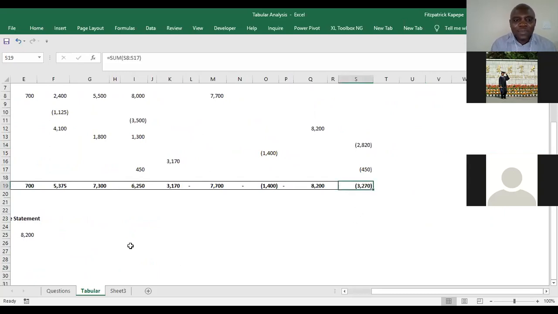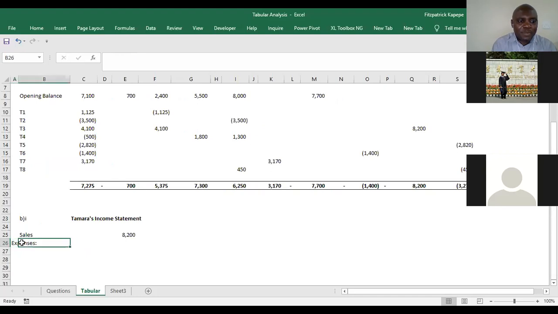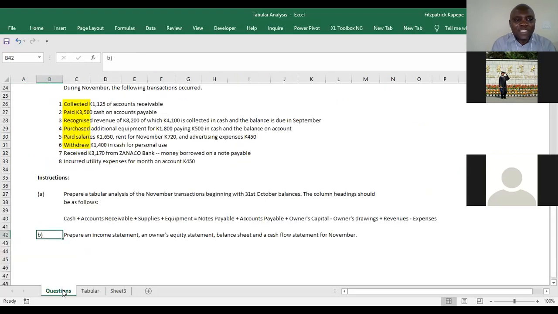We can segment it nicely to show the types of expenses, otherwise it looks like you haven't done anything and just cut it here, since you know the total would be that. I'll line up all the expenses. You had what? Additional equipment? No, that's not an expense. Salaries, put it in your mind: salaries, rent, and advertising.